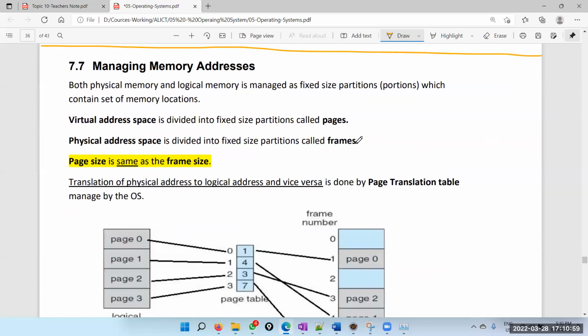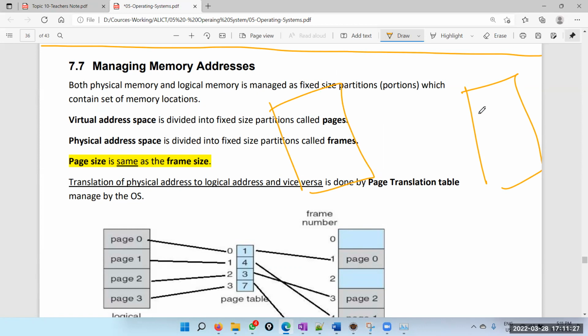I told you that the smallest unit that your processor can access is data related to a memory address. But at the same time, your operating system has another unit in both physical memory and logical memory.